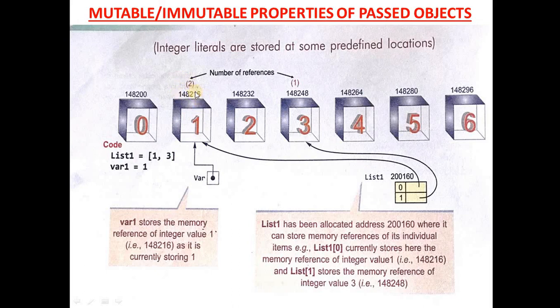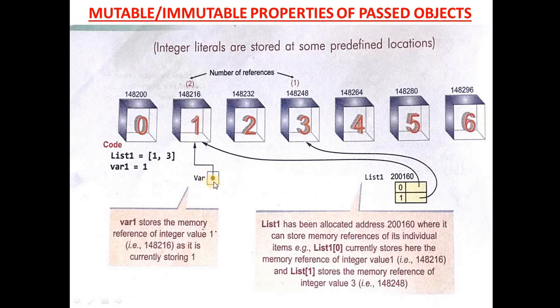1 is stored in some other location, 2 is stored in some other memory location. Like this, it is being stored. It's not like when you create a variable, it creates a space and you store 0 there. No. The variable is created and has some memory location, but it will be pointing to this.